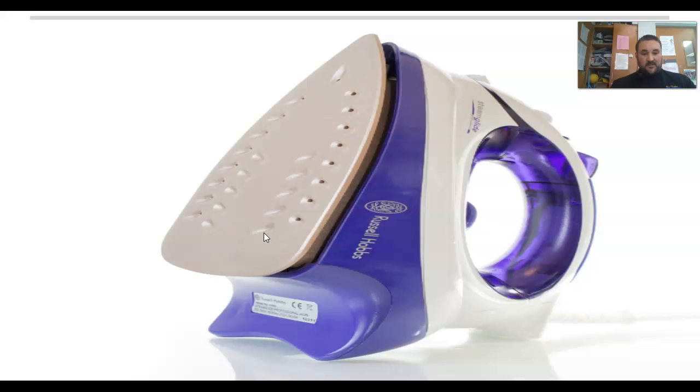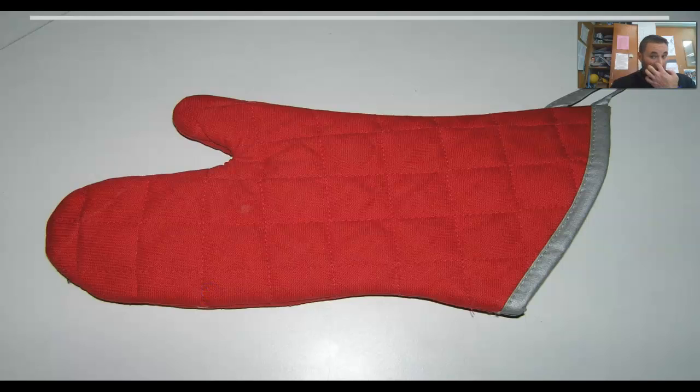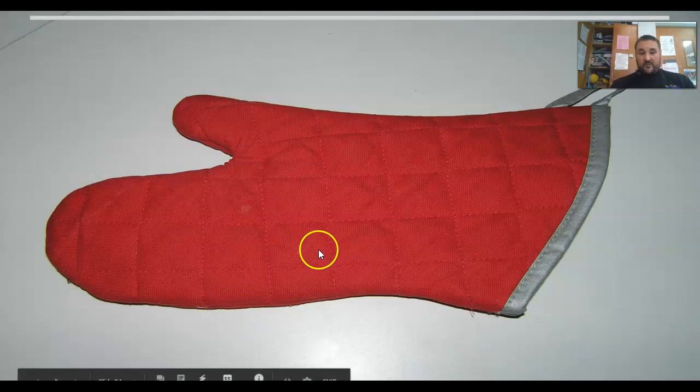That's an insulator. This is an iron. That is a conductor. This is a cast iron skillet. Also a conductor. Your oven mitt is an insulator.